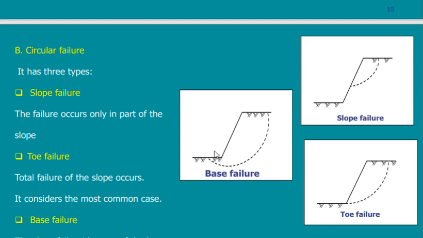So maybe it is a base failure, or maybe it is just a toe failure and part of the soil is here. So it may be base, it may be toe. People who go there and see for themselves can define this slope. Is it a toe failure or a base failure?